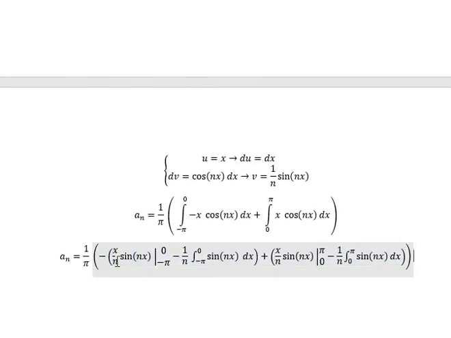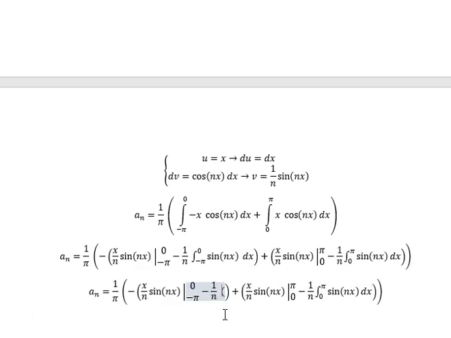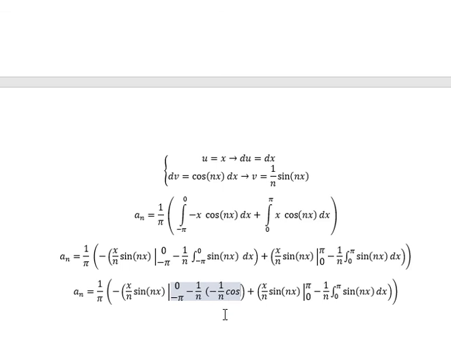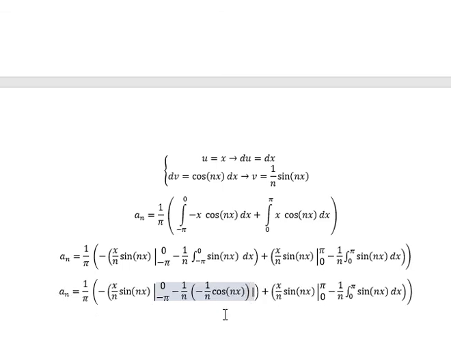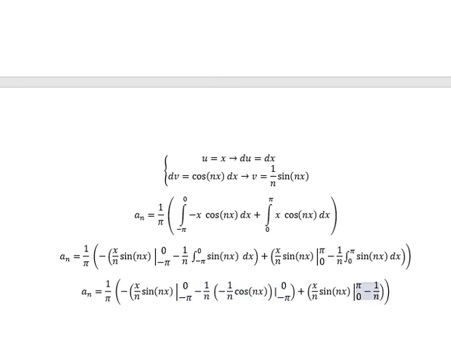So this one, we can do the integration in here, and that is negative 1 over n cosine ns, and we put the bounds from 0 to negative b in here. Similar for the second one in here.